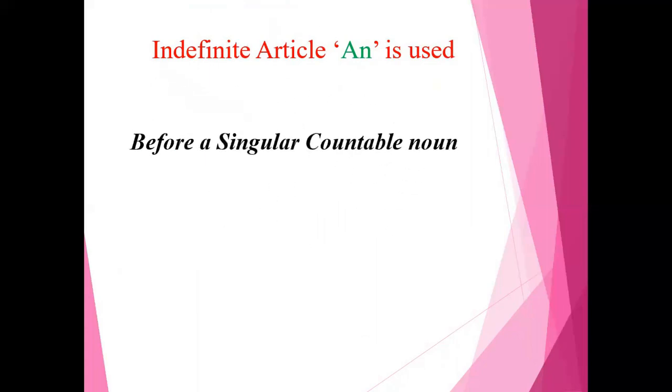Now let's check the other indefinite article, an, which is left to check. It is quite common and everyone knows its usage, but most of the time we use it in a wrong way, or there is a misconception among students. We use an before a singular countable noun starting with a vowel sound.